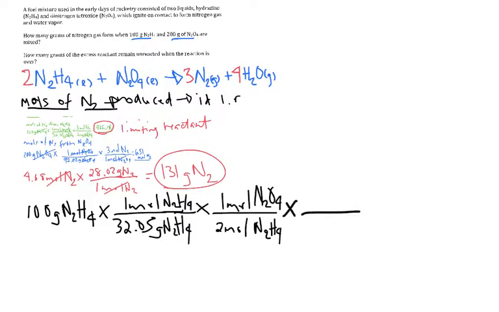And we want the grams of dinitrogen tetroxide, so we use the molar mass. So for every 1 mole of dinitrogen tetroxide, there are 92.02 grams.